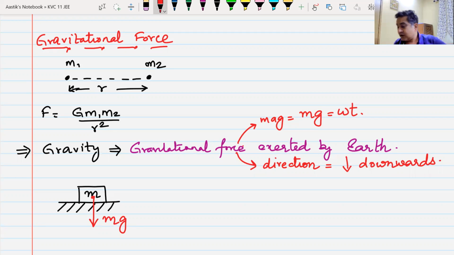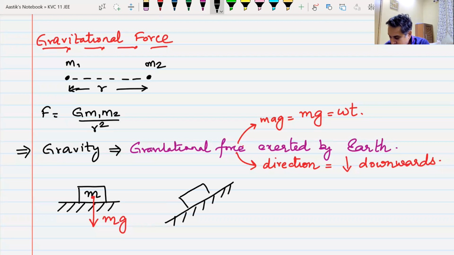Yes or no? So whenever you have any block, any mass kept anywhere, it might be kept on an inclined plane. Only one force will always act on this block, and that force would be the gravitational force, always acting downwards.